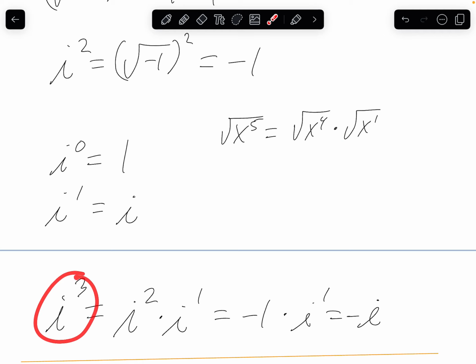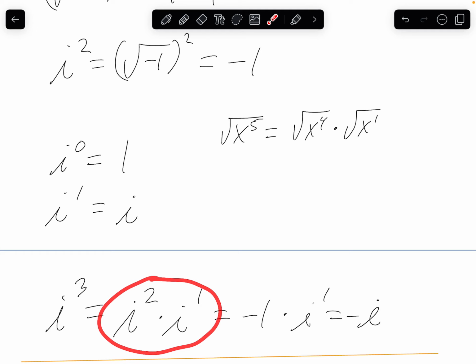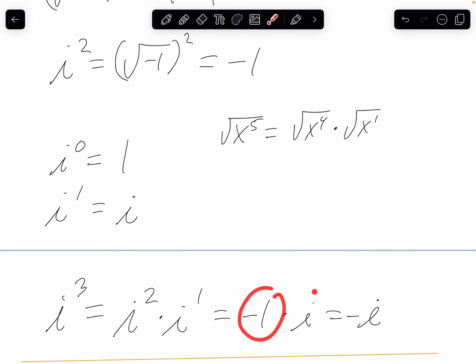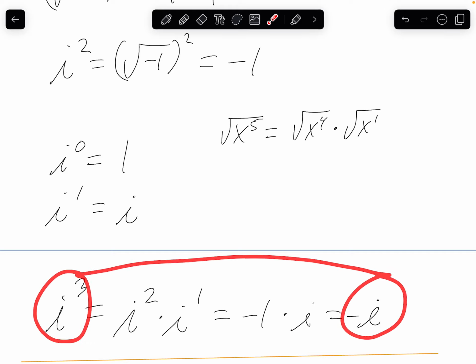So that means i to the 3rd can be factored into i squared times i to the 1st. Since we already know that i squared is equal to -1, that means it can be replaced. That means -1 times i, which again, i to the 1st power is just equal to i. That means -1 times i is equal to -i. So that means i to the 3rd is ultimately equal to -i.